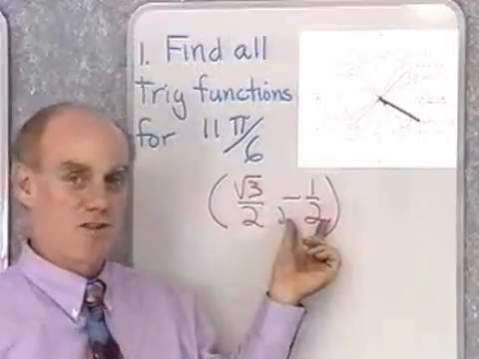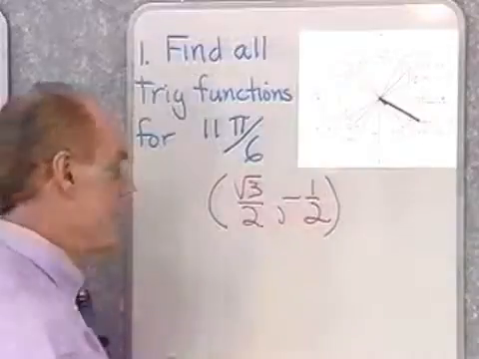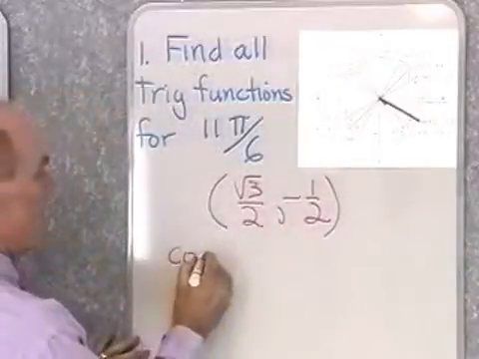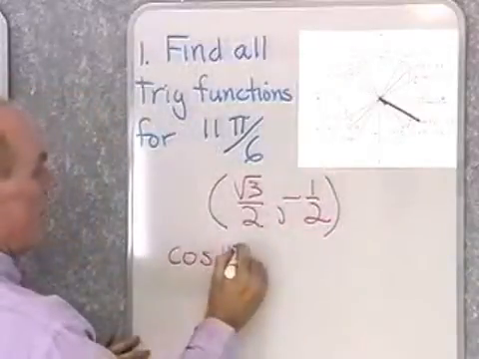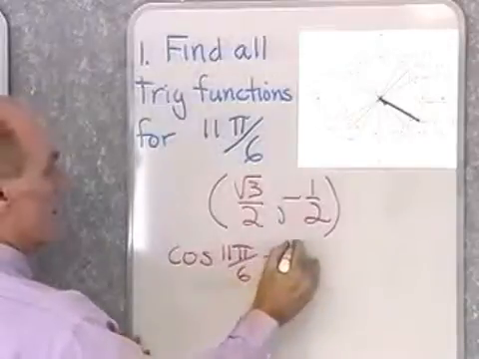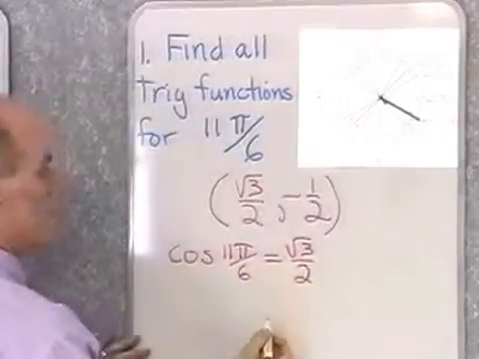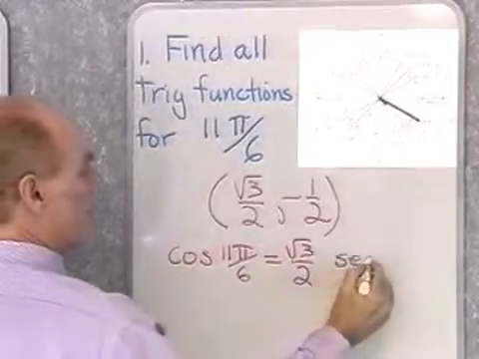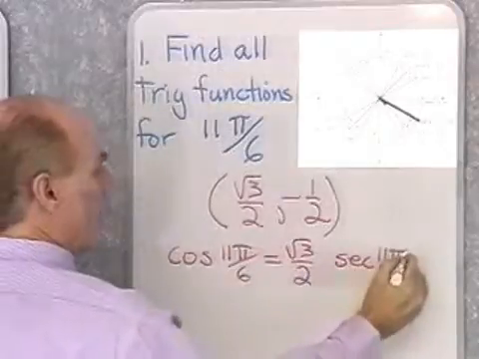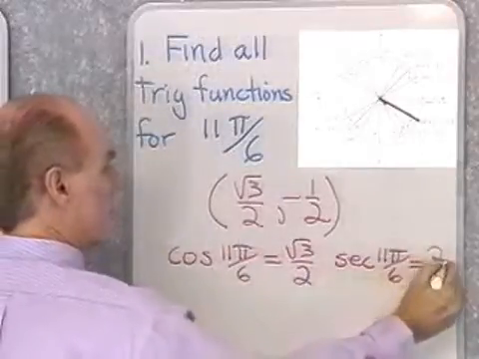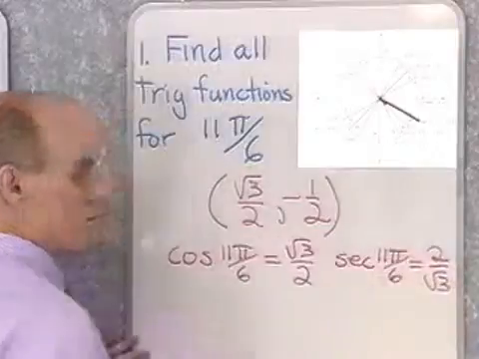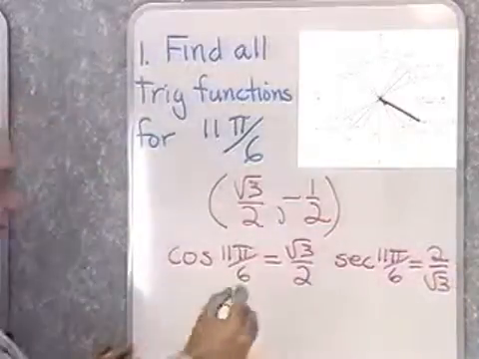So writing the 6 trigonometric functions is going to be very easy. The cosine of 11 pi over 6 is square root 3 over 2, which means that the secant of 11 pi over 6 is going to be its reciprocal, 2 over square root 3. Now let's see how much room I have, okay?